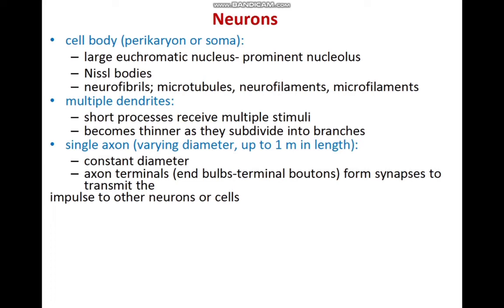Perikaryon or soma. This is because in the perikaryon all the usual organelles are present, but a very important thing to mention here is the Nissl granule or the Nissl body, and there are neurofibrils in the form of microtubules, neurofilaments and microfilaments.